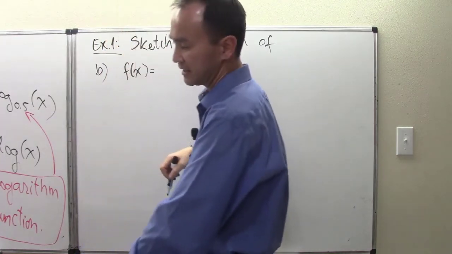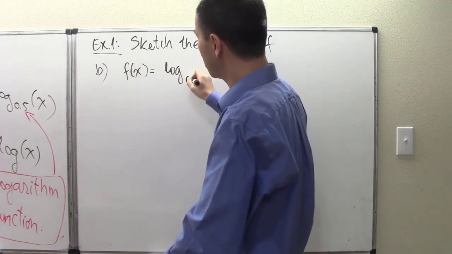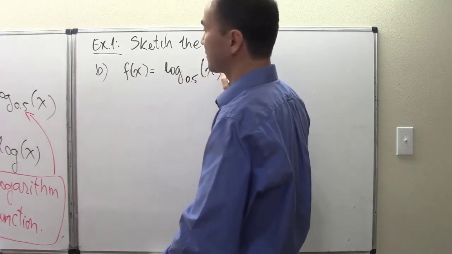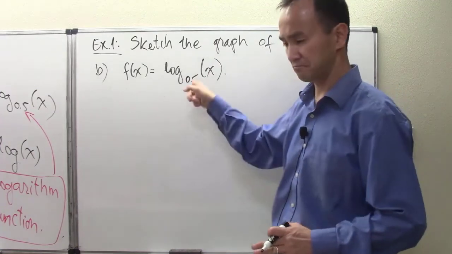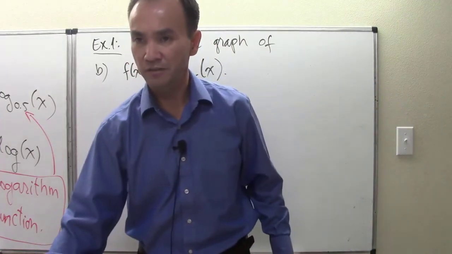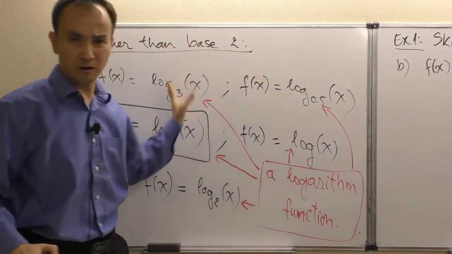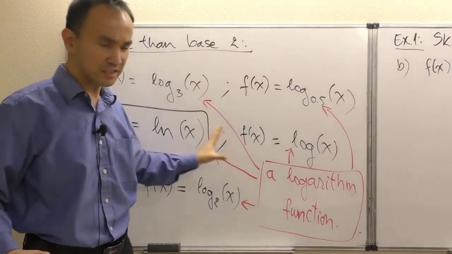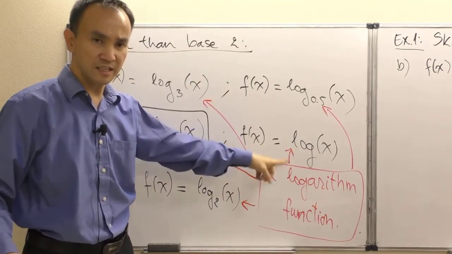So part B, the function given here is f of x equals log base 0.5 of x. Just as a quick flashback, among these functions that I brought up, any one of these is a logarithm function.